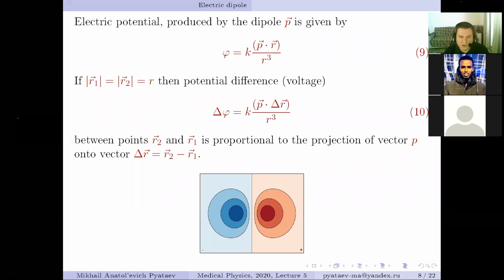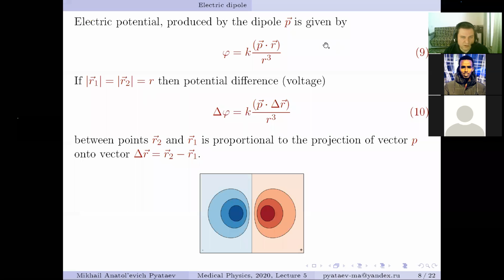And if we consider the case of fixed distance from the electric dipole to the point where we are finding the potential phi, so we assume we are on a sphere of the radius r.